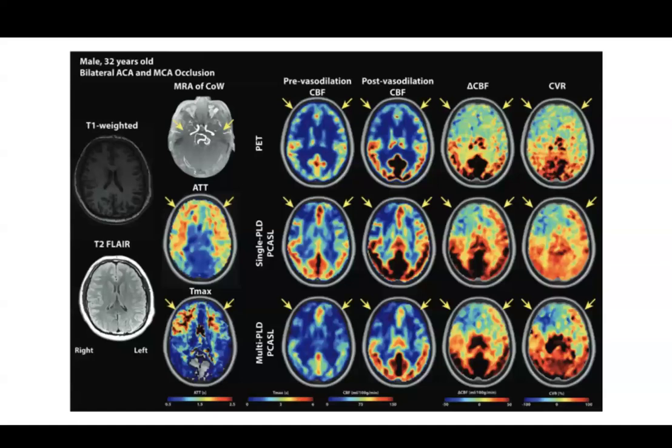This is a patient who has a bilateral ACA and MCA occlusion. This patient is showing a pre-vasodilation decreased blood flow. And post-vasodilation with acetazolamide or dipyridamole or hypercapnic oxygen, it is showing the filling starts to occur in this area.